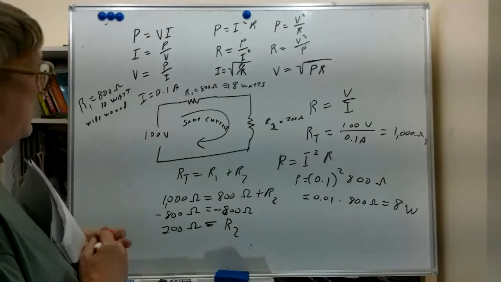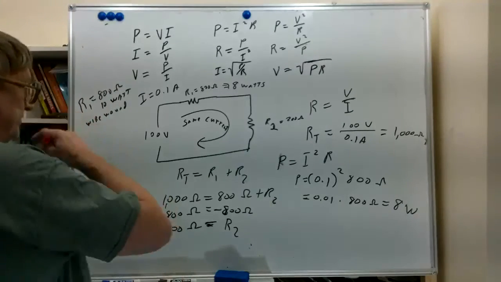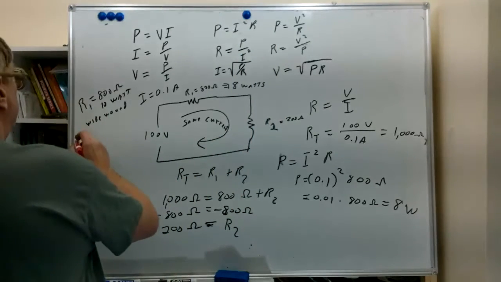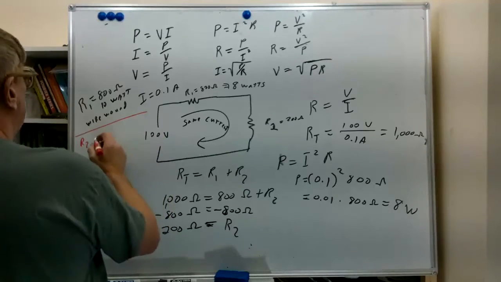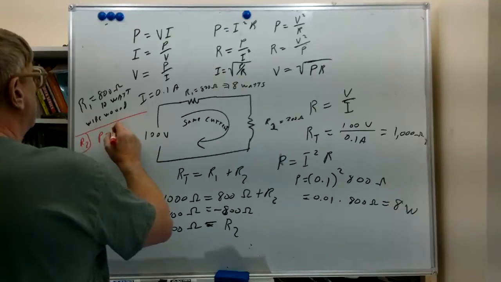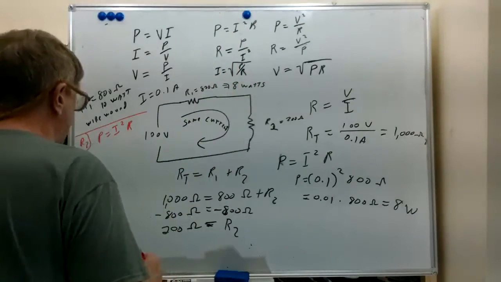So we're going to do a few calculations for R2. And we're going to use the same power equals I squared R. And this is for R2. Again, power equals I squared R, which is the formula that we selected from here.